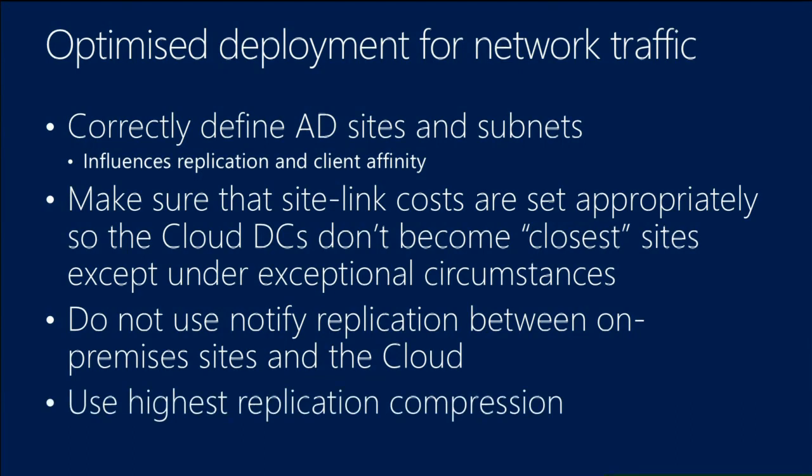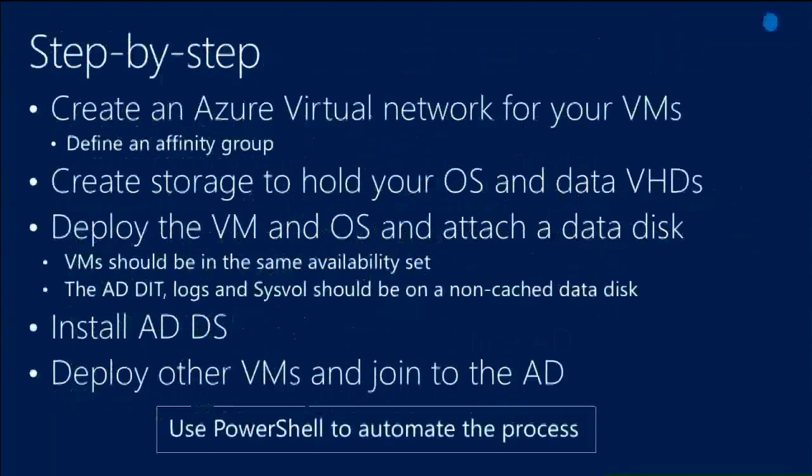And on the bridgehead servers, just enable the highest compression. The highest compression eats a bit more CPU time, but these days with CPUs and servers the size they are in terms of horsepower, it's not a big issue turning up the compression.